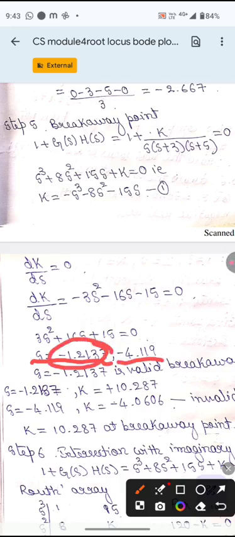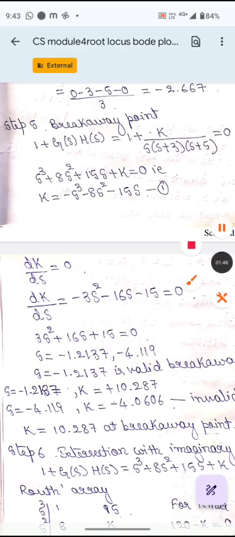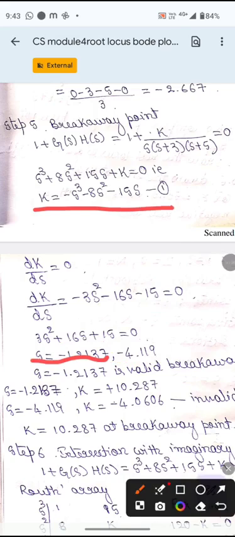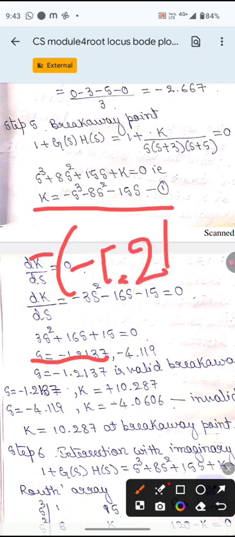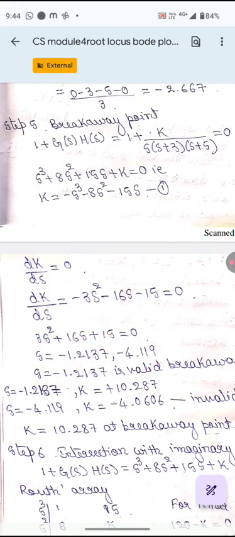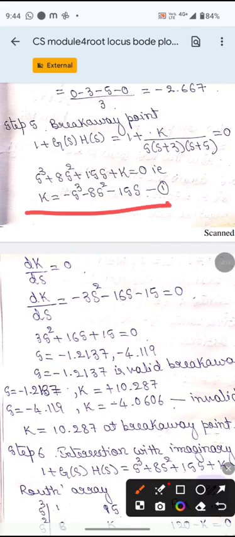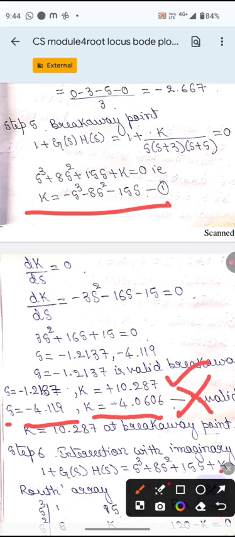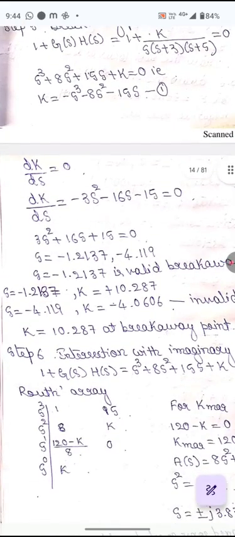Substitute these values in the k equation, like minus s cube minus 8 into s square with s equal to minus 1.2137. If we get a positive k value, then it is valid. If you substitute s equal to minus 4.119, we get a negative value, so it is invalid. So only minus 1.21 is the right breakaway point.